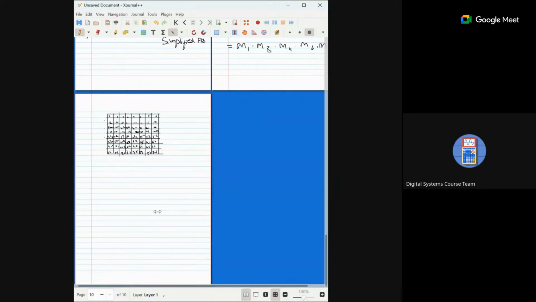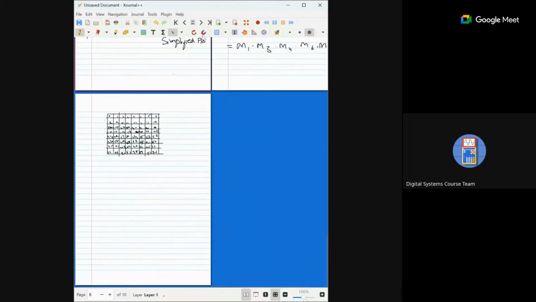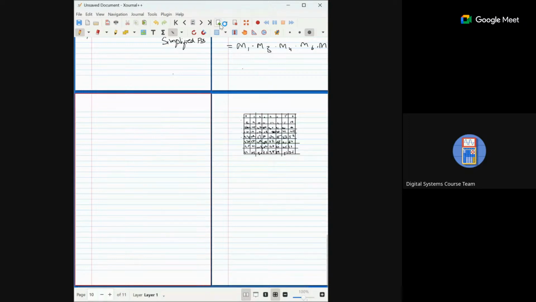Okay, fine. Have you identified the answer? Okay, let us discuss that point. What is M naught? Sorry, M1 is equal to 0, 0, 1, and M2 equal to 0, 1, 0, and M3 equal to 0, 1, 1, and M6 equal to 1, 1, 0.